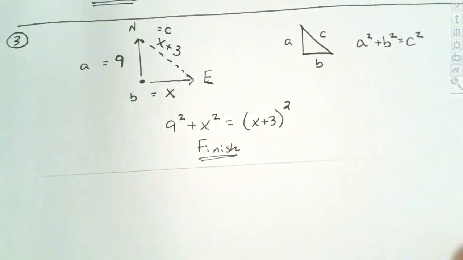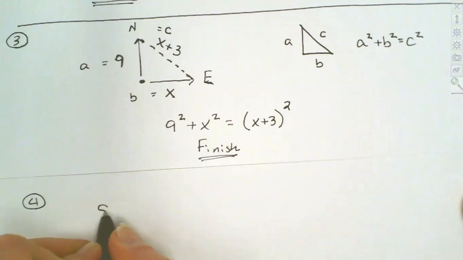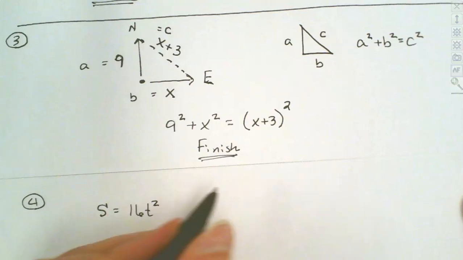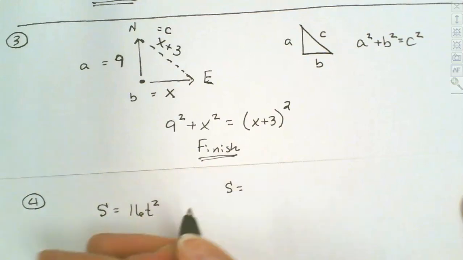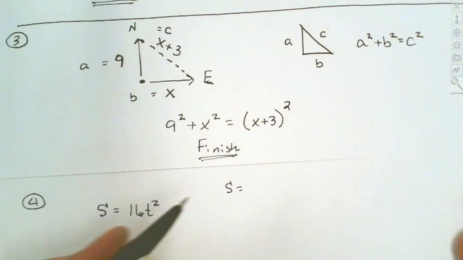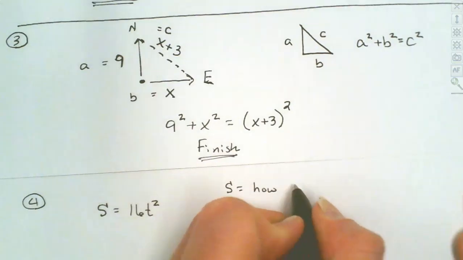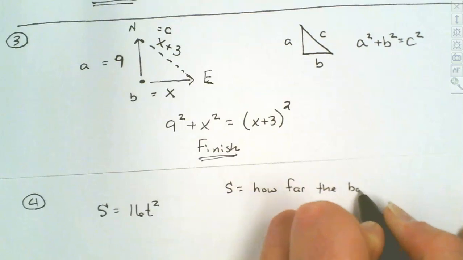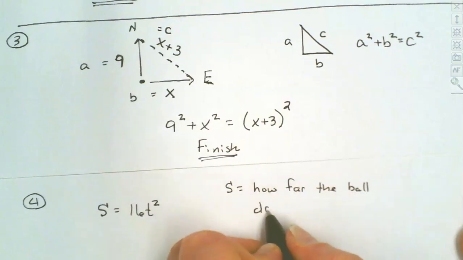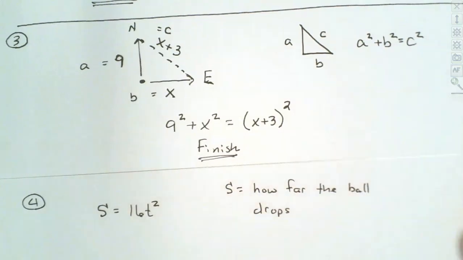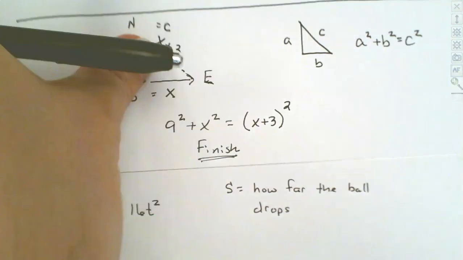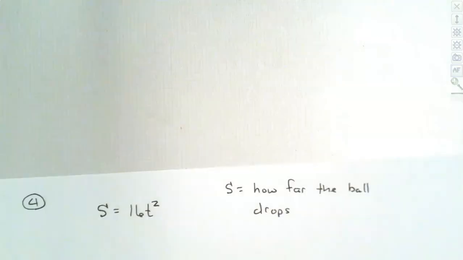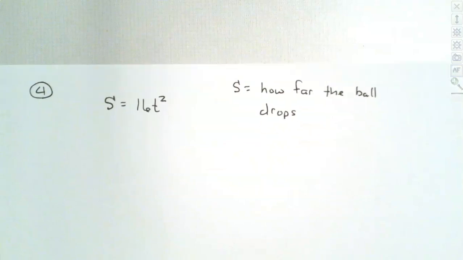So here's our formula. S equals 16t squared. And S represents how far the ball drops. So S is going to be how far this ball falls down. Now, what do we know?